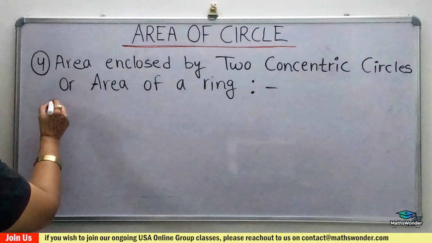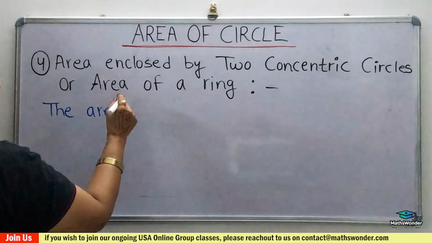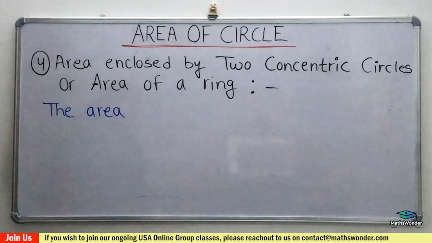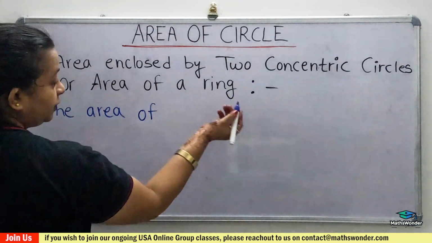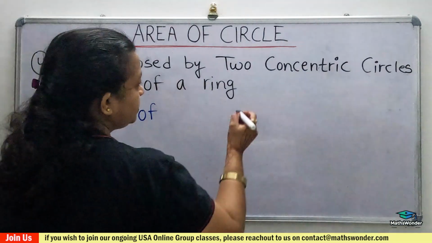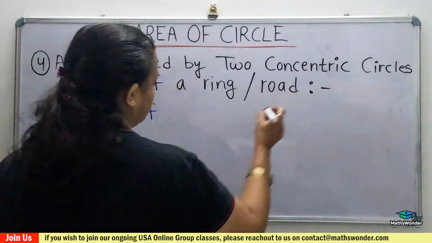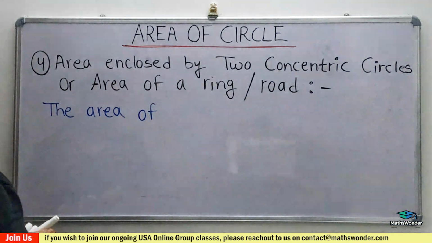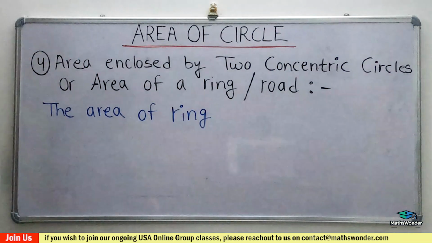So write down. First tell me what is the area, the concentric circles. We learned it. Area of the ring or area of the road. Sometimes they are asking for road. And they have a common center or axis.